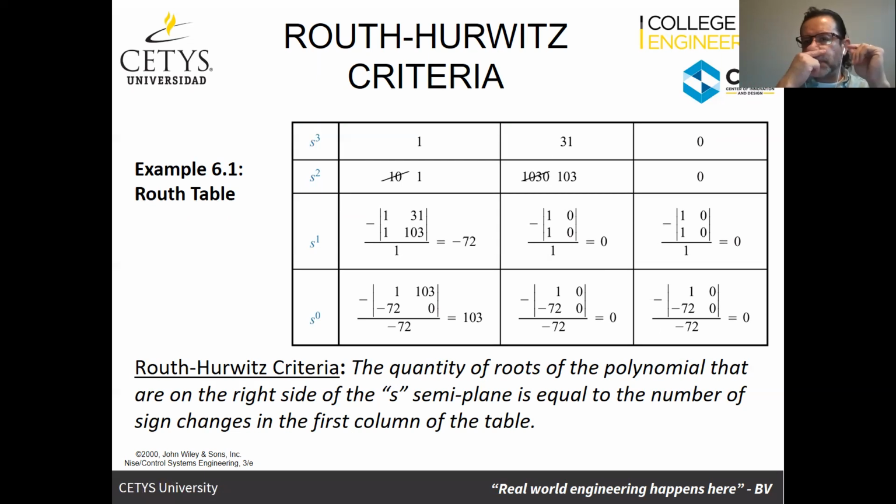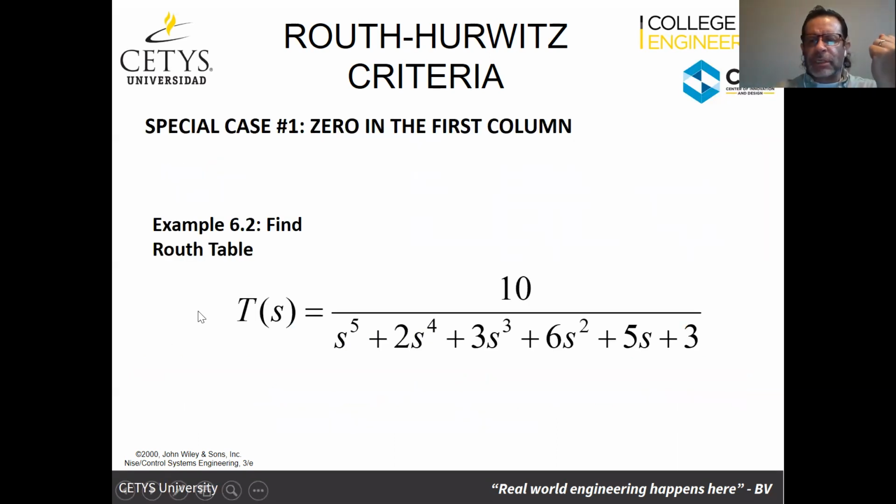Now, there's a couple of special cases that occur in the tabulation that we're going to go through. One of the first special cases is when we have a 0 in the first column. What do we do when we have a 0 in the first column?